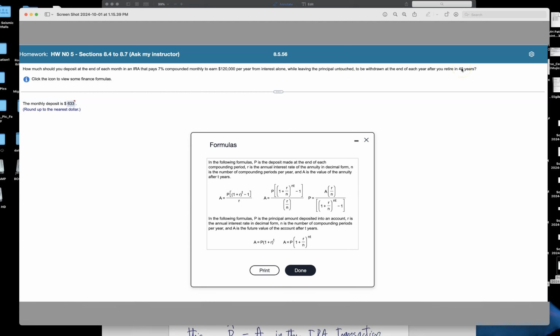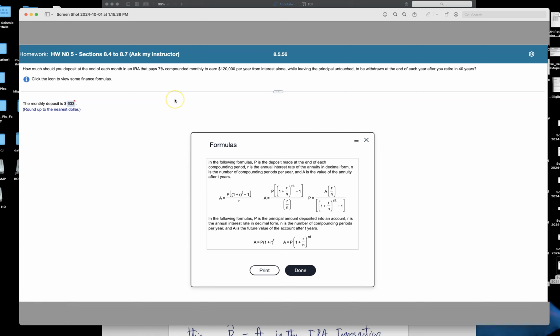The meaning of that is that the current age of that person is 25, because they're going to retire at 65 years. So the transaction is going to last 40 years.